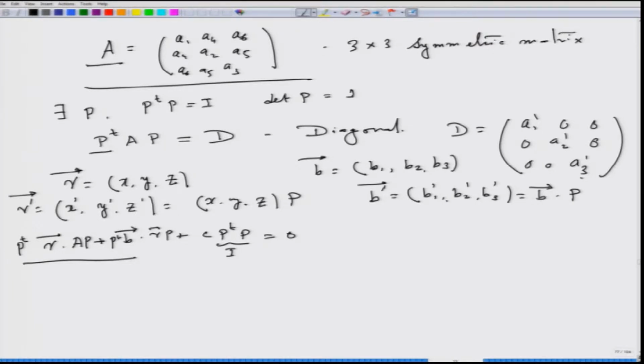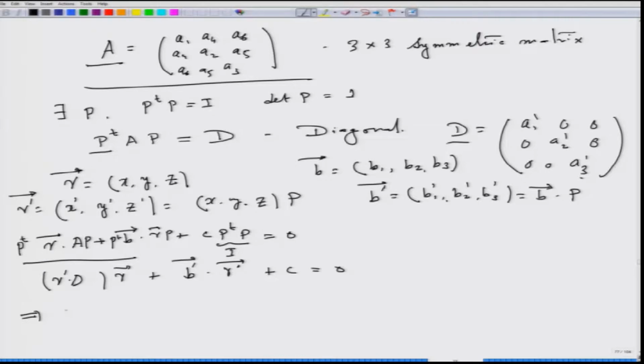This will become now R prime transpose D R prime plus B prime R prime plus C, and now D is this matrix.